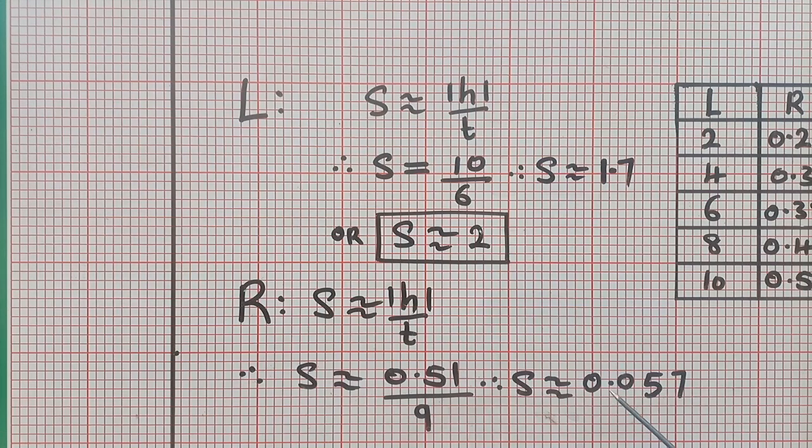If we jerk this up to 0.06, that would not be a problem. 0.06 is not far from 0.057. But consider that we had done it 0.1. 0.1 would have been so far from what is expected.